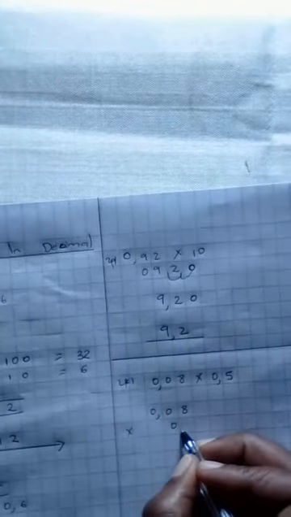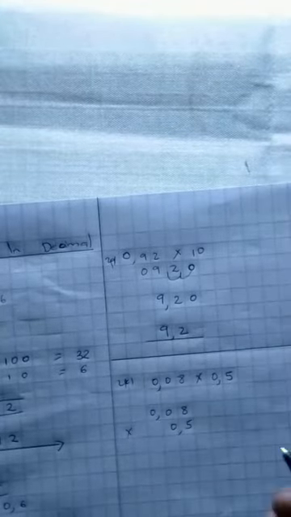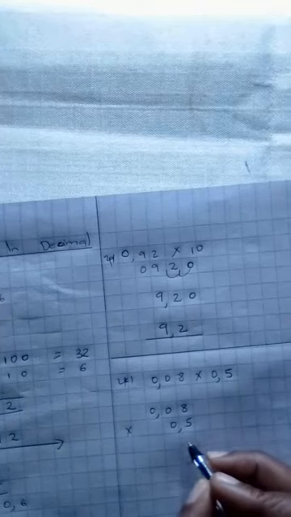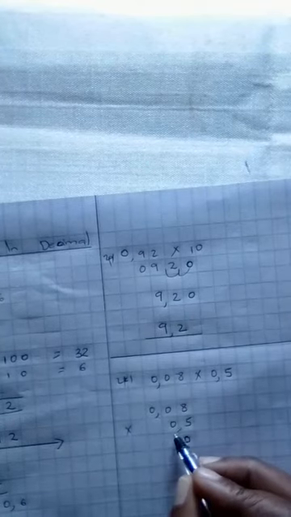The second method tells us to lay down our sum like this: 0.08 multiplied by 0.5. We put down a 0 here because we are multiplying with a sum which has got 2 digits. We multiply everything by 0 first.